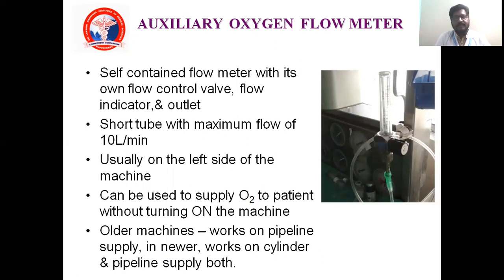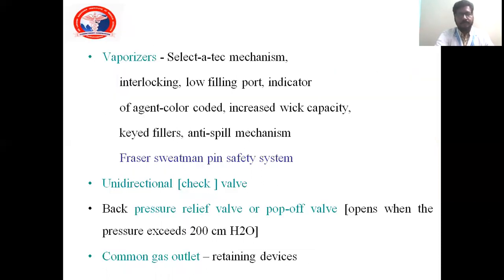It is usually on the left side of the machine and can be used to supply oxygen to the patient without turning on the machine. Older machines work on pipeline supply. Newer machines work on both cylinder and pipeline supply.